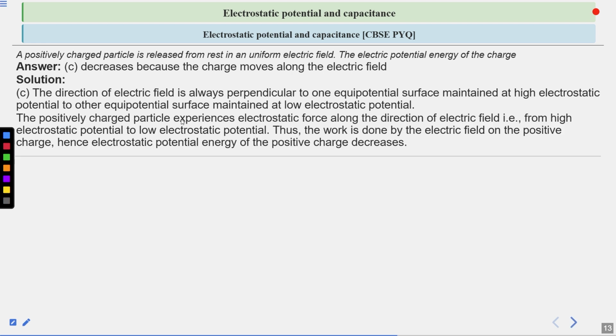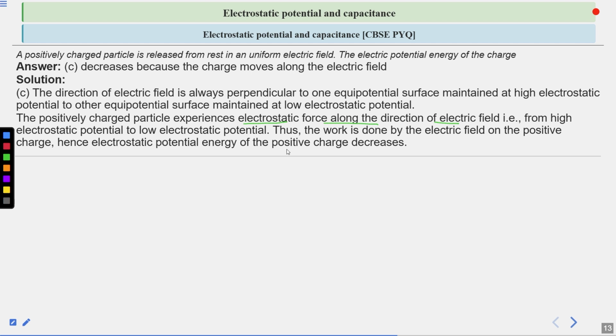The positively charged particle experiences electrostatic force along the direction of the electric field, from high electrostatic potential to low electrostatic potential. Thus work is done by the electric field on the positive charge. Hence, the electrostatic potential energy of the positive charge decreases.